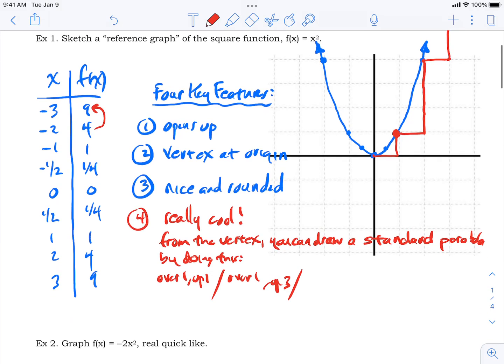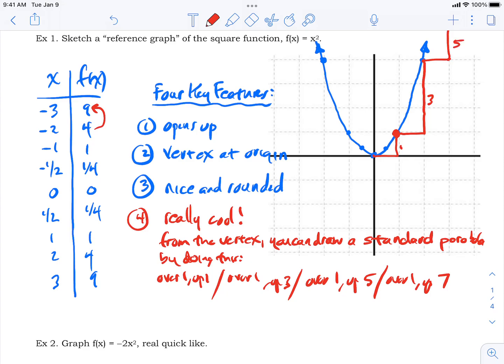Up 5. Do you see the pattern here? Over 1, up 1. Over 1, up 3. Over 1, up 5. Next would be over 1, up 7. And so what's so nice about this is you'll see me oftentimes label this up 1, up 3, up 5, and so on.